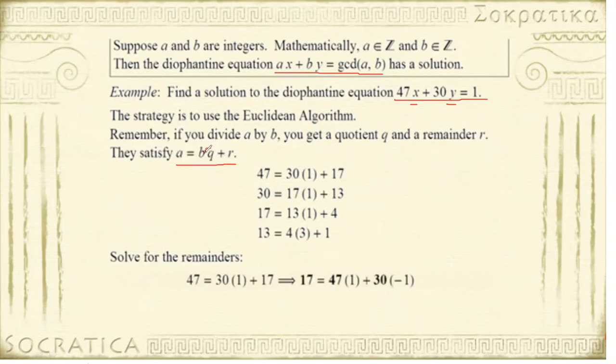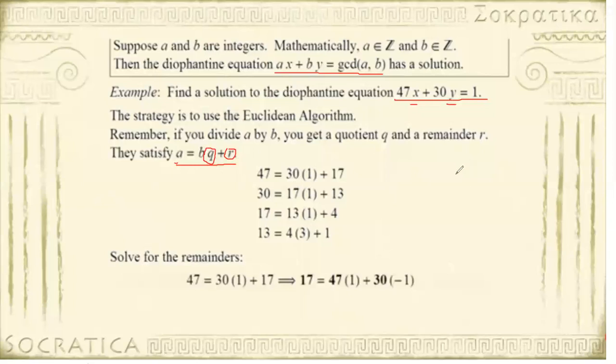So what is q? q is the quotient here, and r is the remainder. So a is 47, b is 30, and q is the quotient.